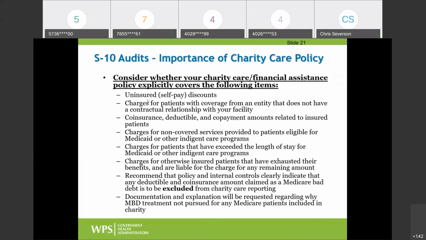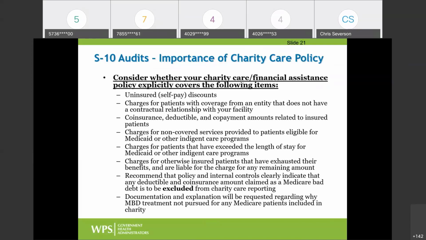And really the policy should help explain that. Or if we have follow-up questions for things like uninsured self-pay discounts, just make sure you can explain that it was in your policy. That would most likely be in something like the financial assistance policy as opposed to charity care. It's allowable either way. But for the most part, your answer would be yes to that question.